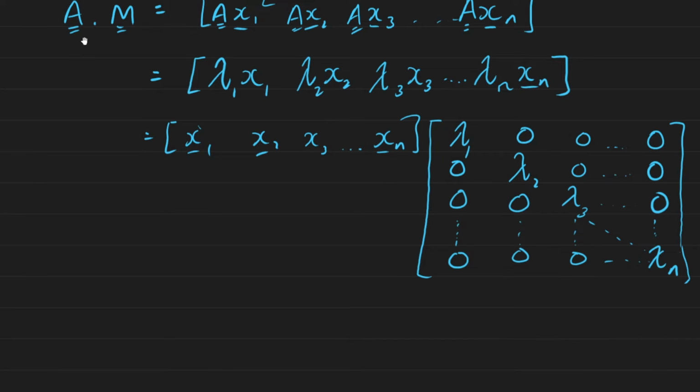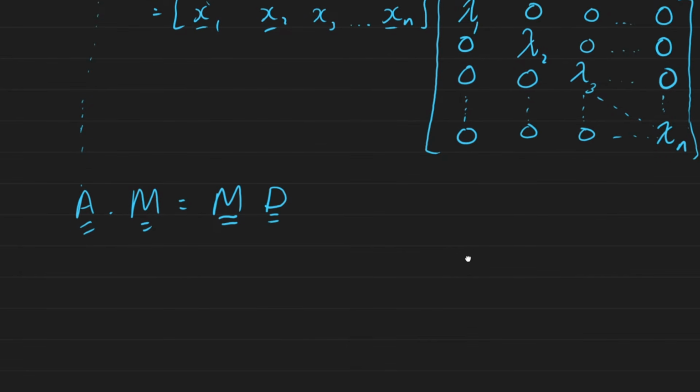We can recall now that this is matrix A times M. So we have A times M, and this is equal to this matrix M, which hasn't changed, now multiplied by this new matrix, which has the eigenvalues as the diagonals. We'll call that D. I'll just repeat that: this D is a matrix which contains the eigenvalues in the diagonals.